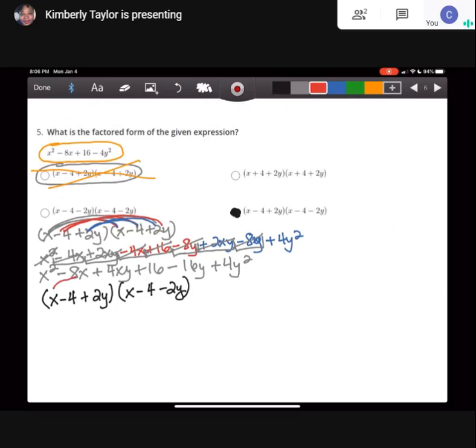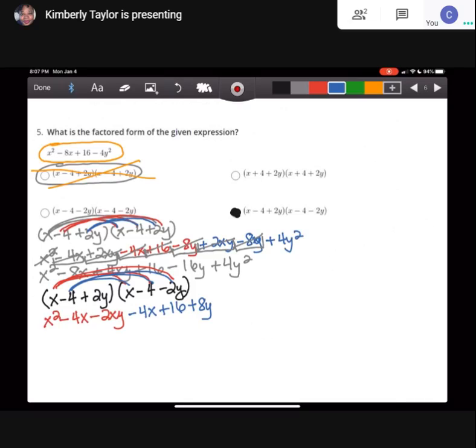So if I do this and this and this to all three, I get x squared minus 4x minus 2xy. And then let's do another color. Let's do it with the negative 4 to all three. So it'd be negative 4x plus 16 plus 8y.